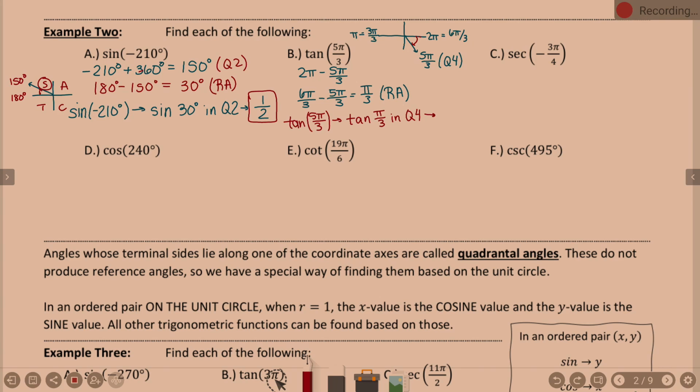Does that make sense? Pi over 3 is our reference angle, so we're using that as our angle. Pi over 3 is the same as what degrees? 60. And we have that on our chart. It says pi over 3, also 60 degrees. We want the tangent. What does my chart say? Would it be square root of 3? Square root of 3.